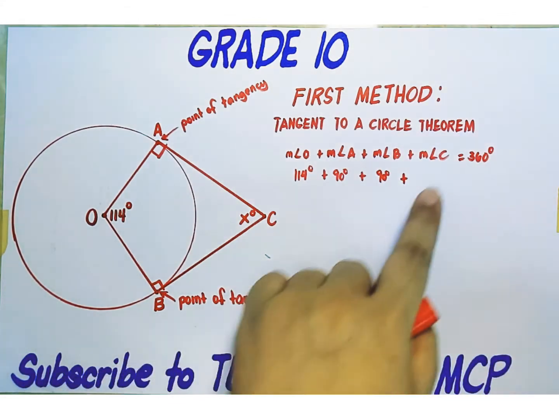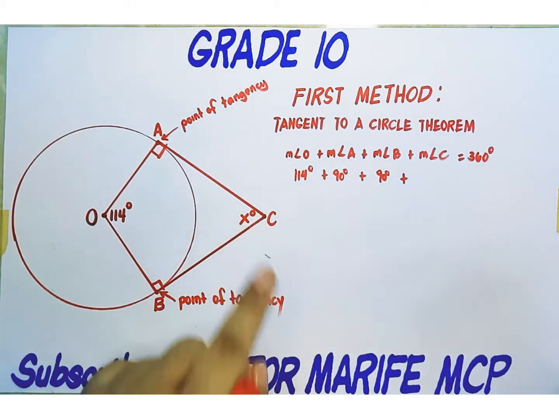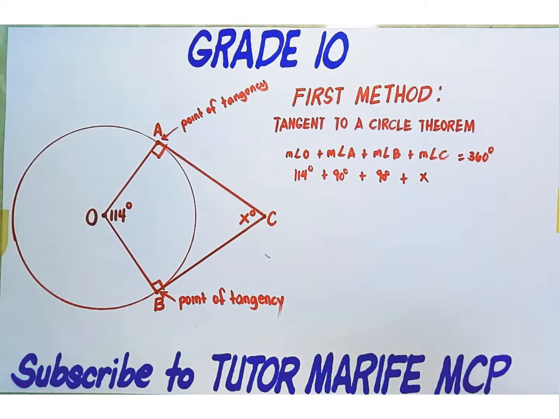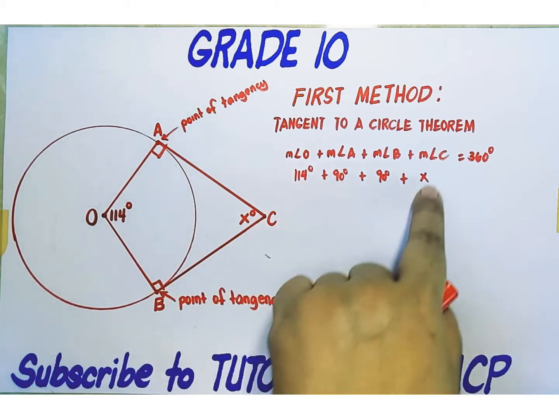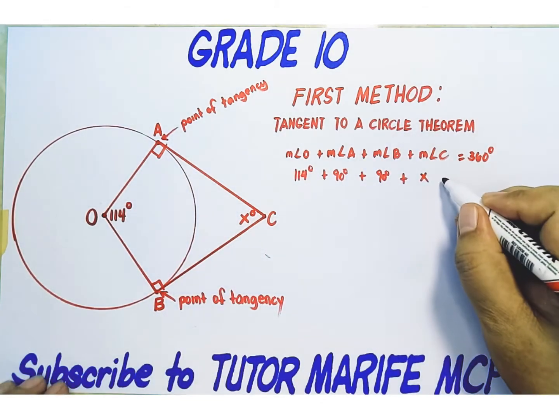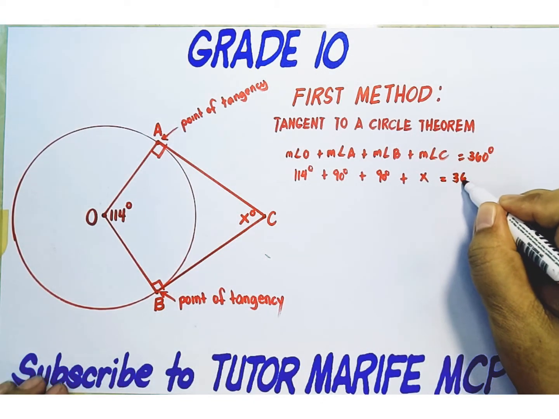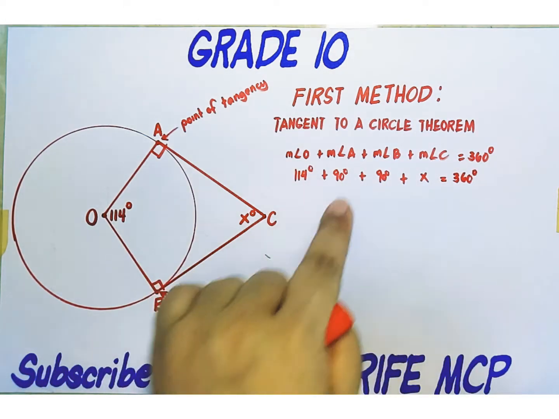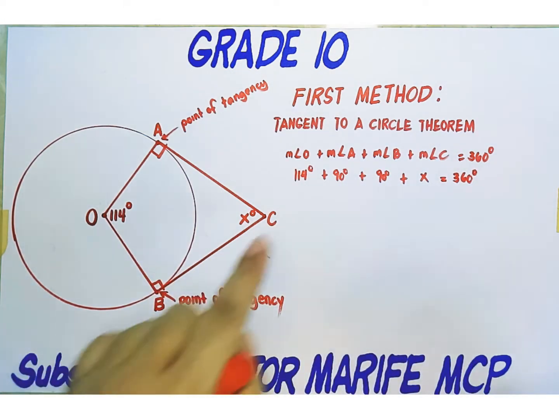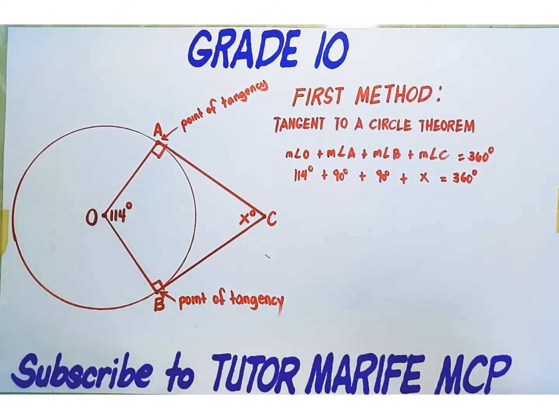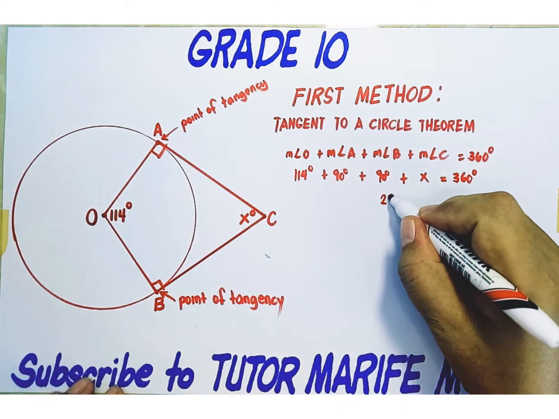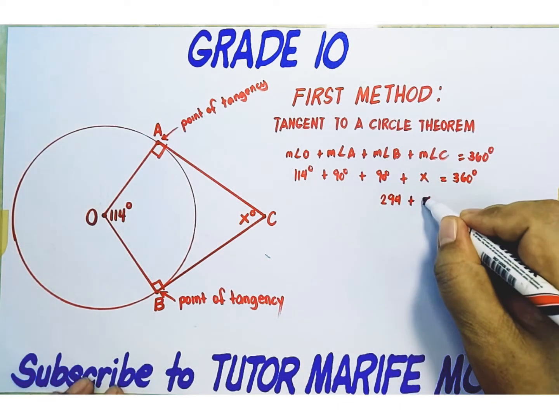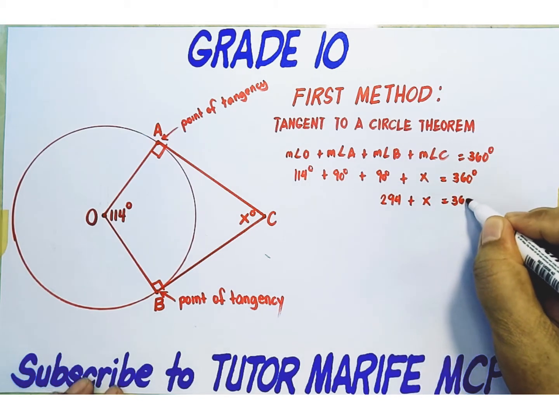We are looking for measure of angle C. It's represented by x. The sum of all these four interior angles is equal to 360 degrees. Let's combine the constant terms on the left side. 114 plus 90 equals 204 plus 90 equals 294 plus x equals 360.